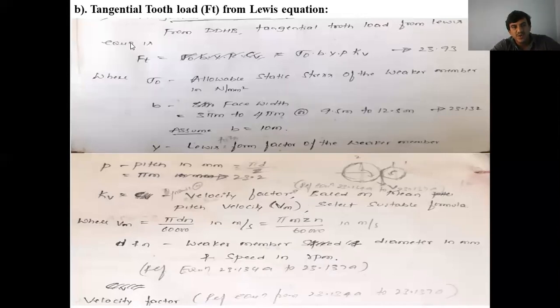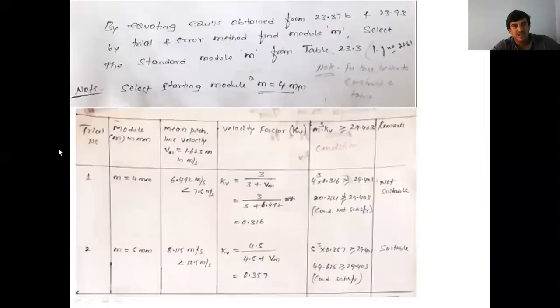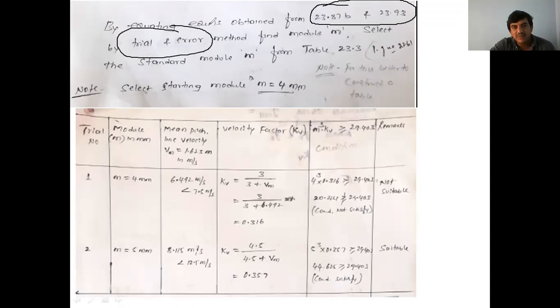Then how do we calculate the module? We compare those equations, by equating equations 23.87b and 23.93, by trial and error method. By trial and error, we calculate the module.